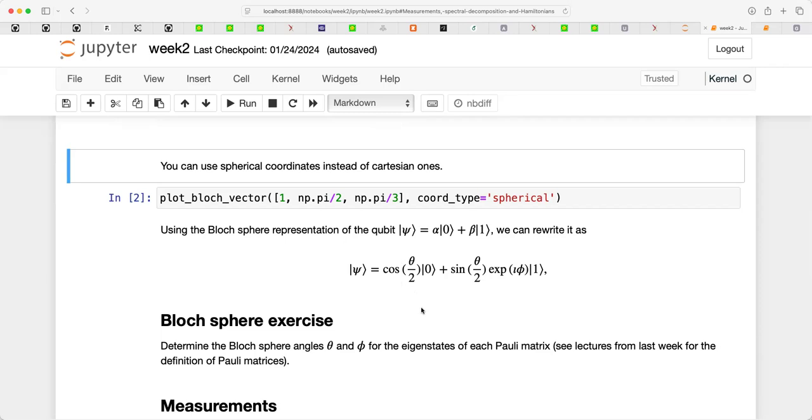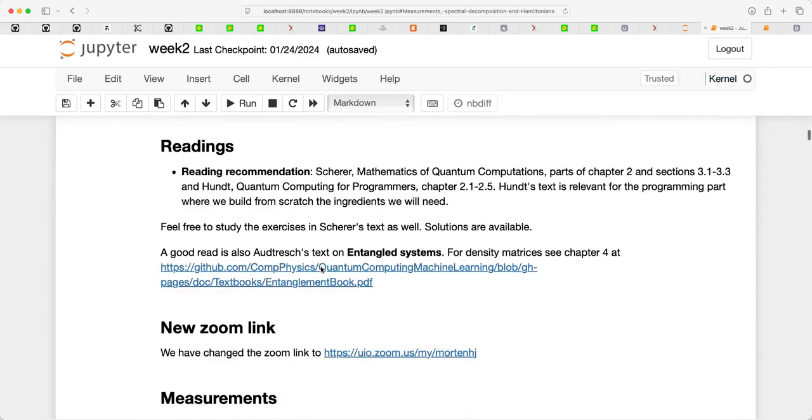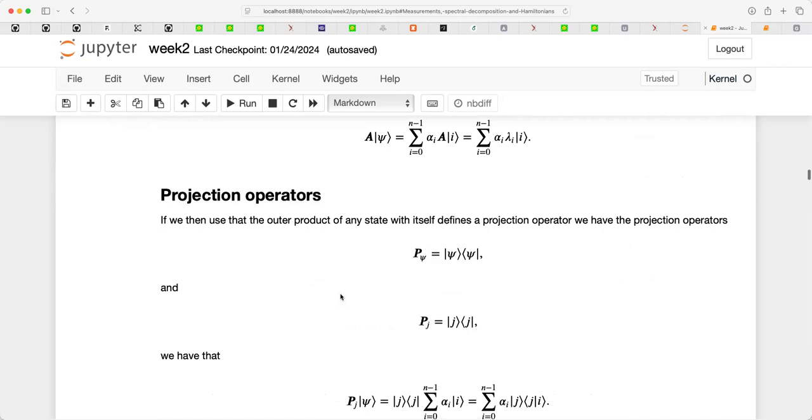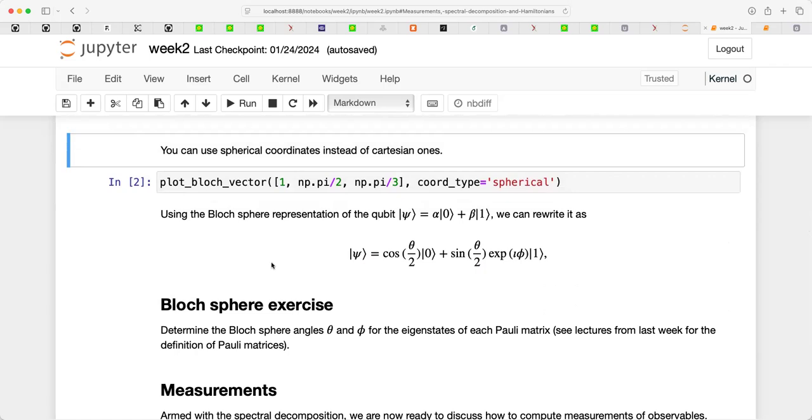If you want to read more about that, there is one of the textbooks which I link to. I'm just looking at that as a technical detail, but in this textbook, in chapter 2, you will find a broad discussion of the Bloch sphere. In some cases in this course I will just state the results, and in other cases I will spend more time on deriving specific theorems and results. But this is a case where I assume that you can easily figure out why it's the case.